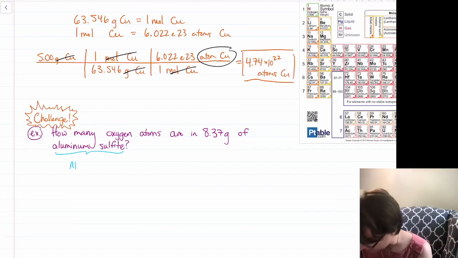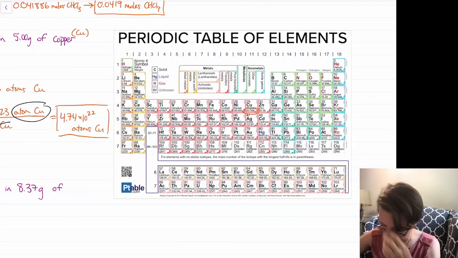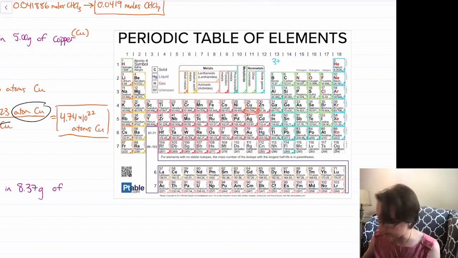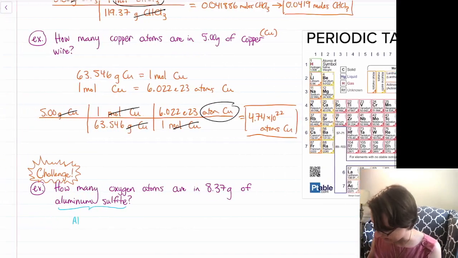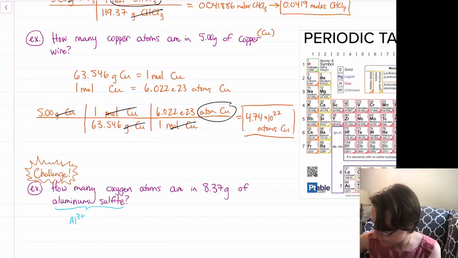So we've got aluminum. Aluminum is element 13 on the periodic table, and you may remember that these elements in group 13, when they're part of compounds, always have a 3+ charge. So let's go ahead and write that down, Al3+.